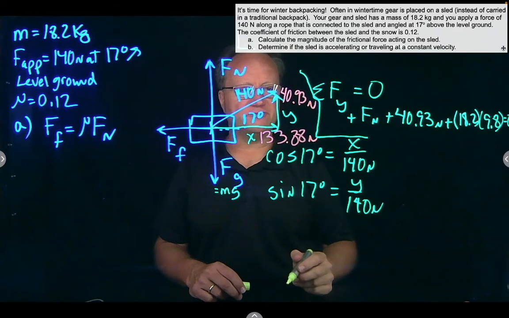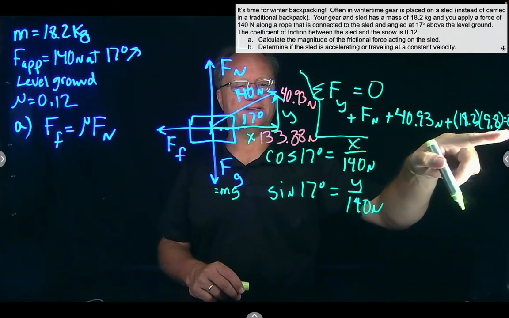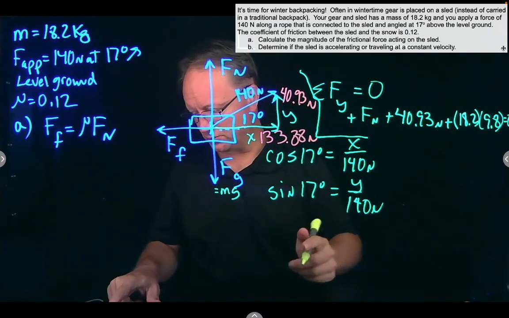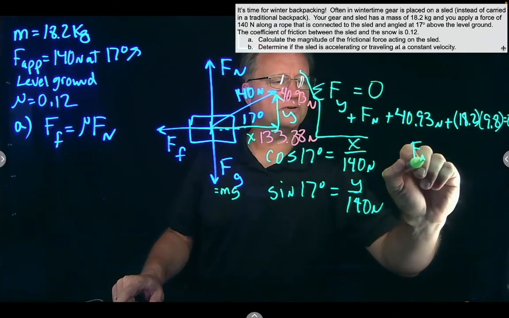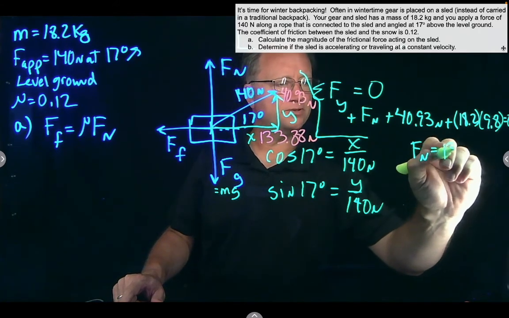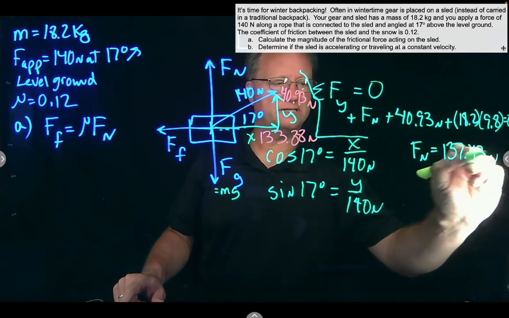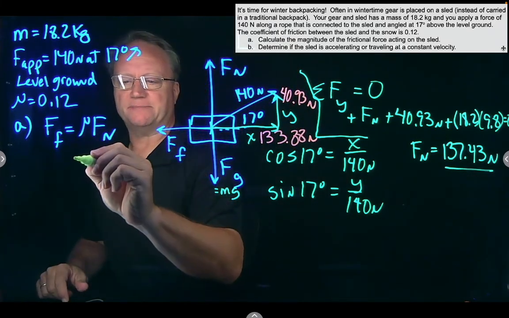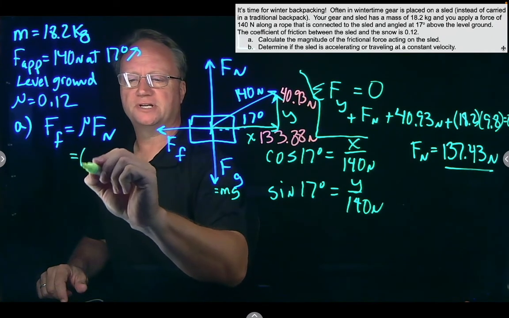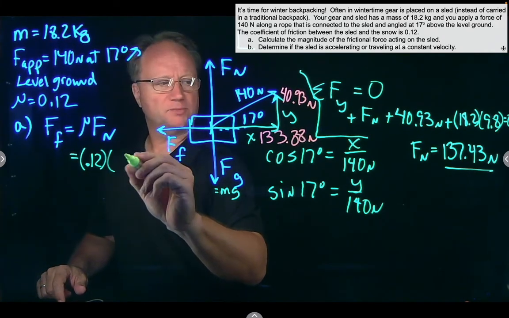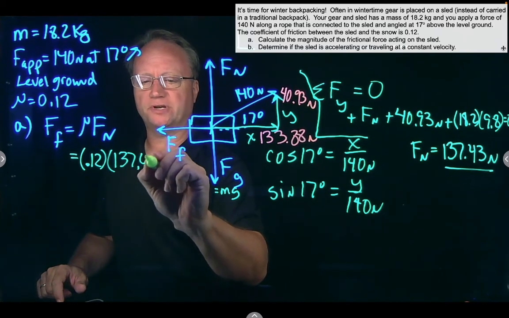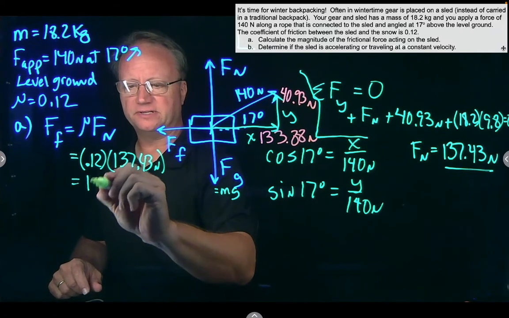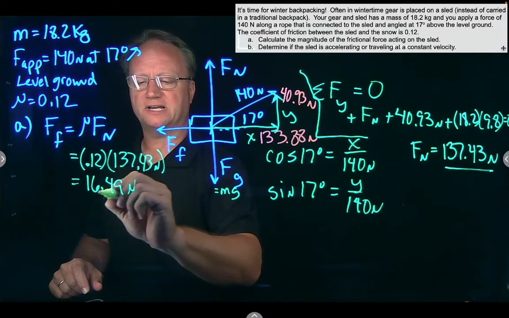And we have an equilibrium vertically, so that's equal to 0. So when we solve that equation down for our normal, we get a normal force value of 137.43 newtons. Now we can bring that back over here and multiply that by the coefficient to get the frictional force. So 0.12 multiplied by 137.43 newtons, that'll give us a frictional force value of 16.49 newtons.